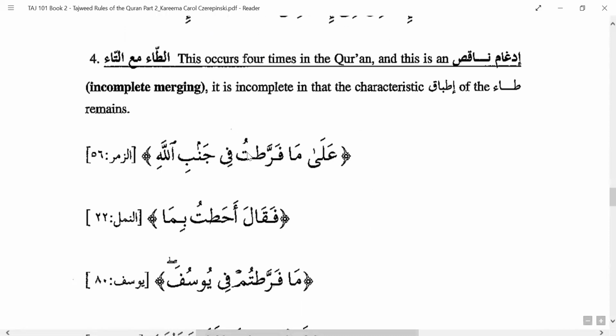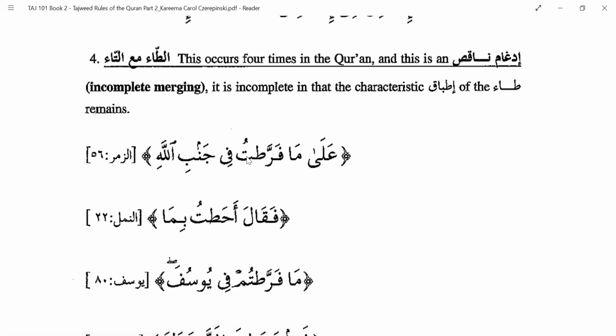What happens here is you first go to the ta with sukoon, so that the heaviness of the ta remains. That is why this is known as incomplete merging. You will not completely merge into the small ta. The heaviness of ta should remain.